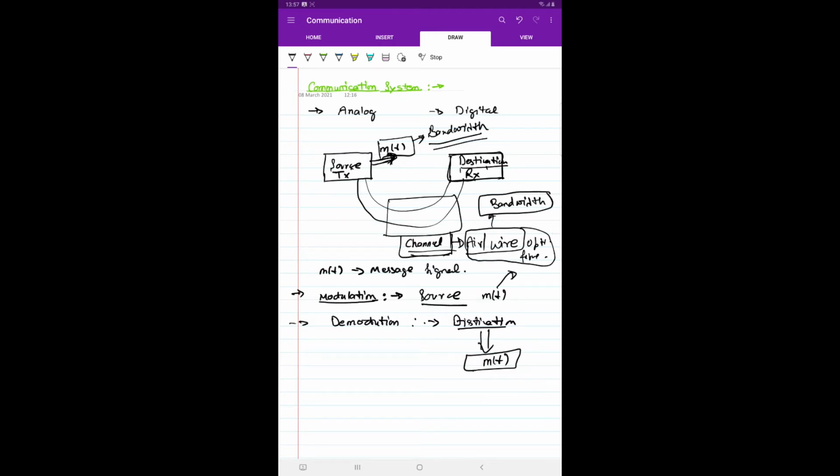So for successful transmission, the channel bandwidth must be more than this message signal bandwidth, otherwise it cannot cross.